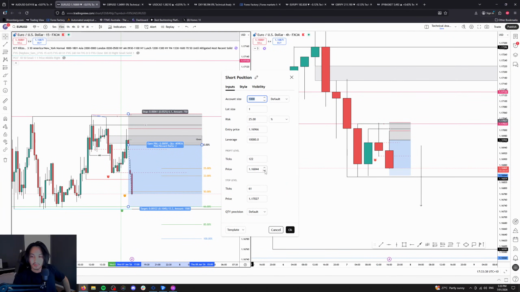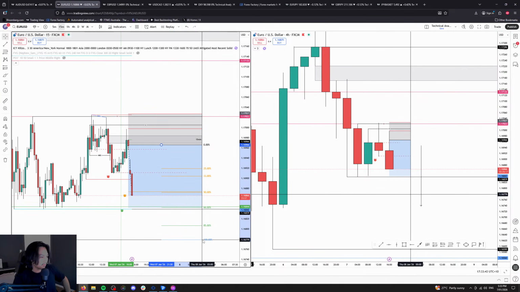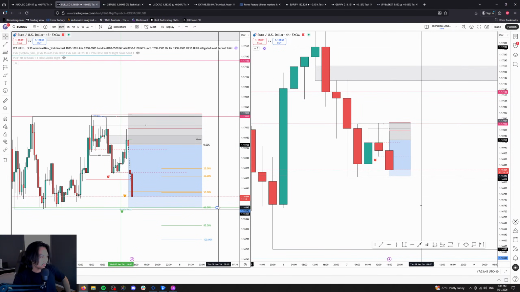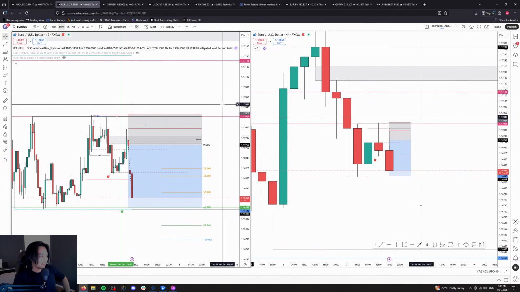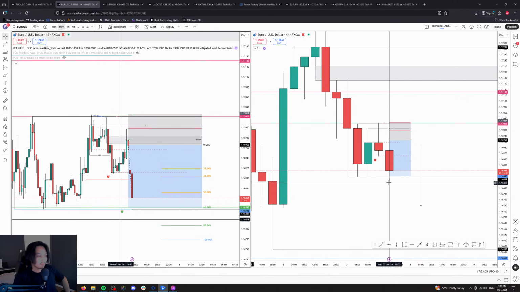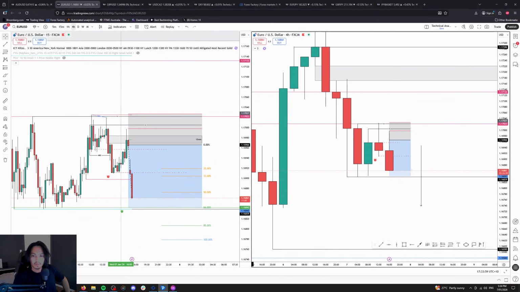So this is looking very good, obviously. Hopefully take profit is going to be smashed in a moment. We've got a risk-free trade.